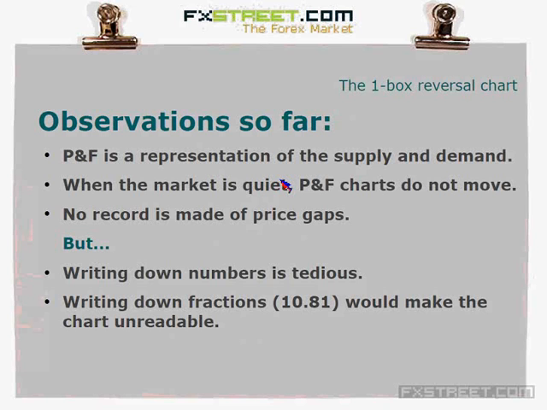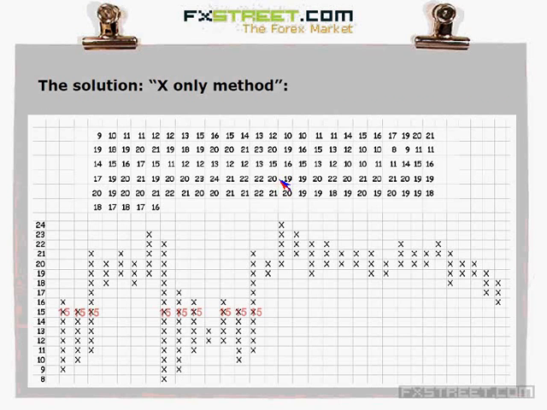Okay, so users of point and figure charts had to evolve into a new step, and that is when what is similar to nowadays point and figure charts with X in the box started being used.